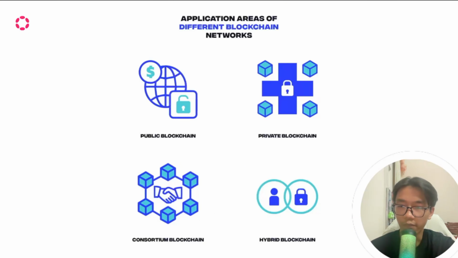We also have the private blockchain, which is widely used by enterprises to deliver solutions specifically for the enterprise, but they still want to use the blockchain as a database. Consortium blockchain is kind of like a private blockchain, but at a different organizational level. And hybrid blockchains are partially public, partially private.